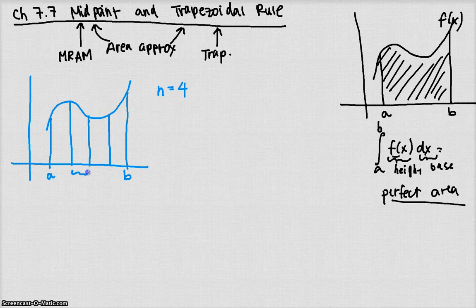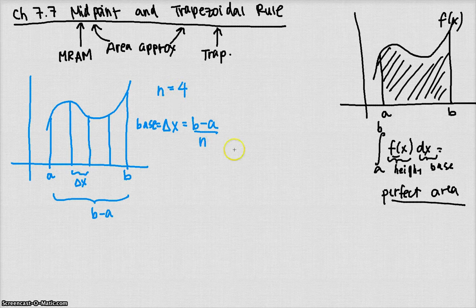So here we have our delta x, the change of x, which is going to be the base of our rectangles. So let me name it the base. My delta x is going to be b minus a, which is this distance here, divided by n. In our case, it is 4.